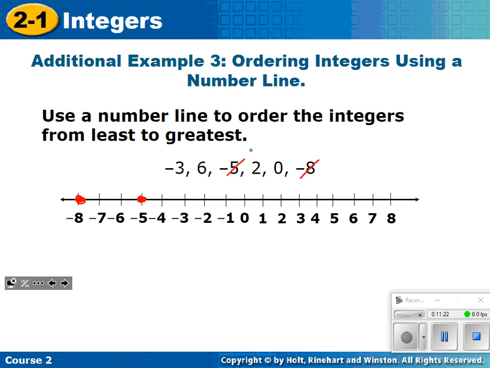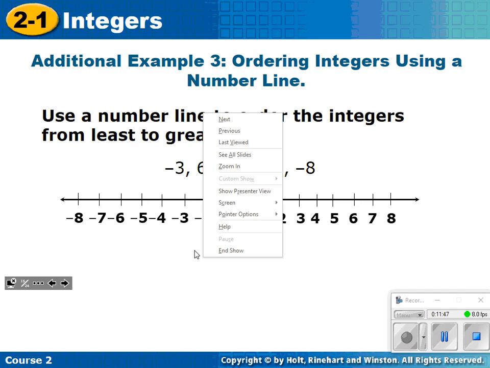Brett. -3. It's right there. My next smallest value is 0. Next. Kennedy. 2. And last is 6. Okay?